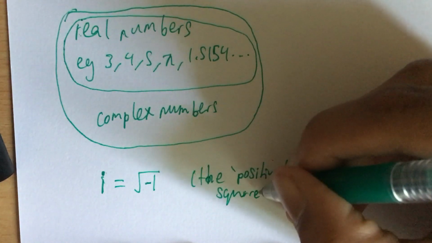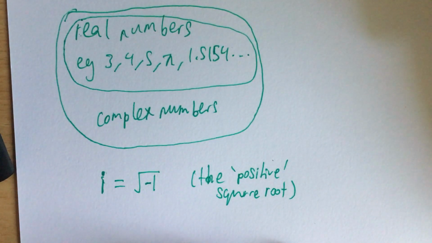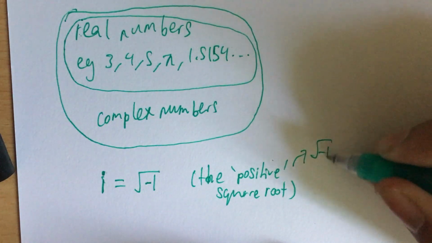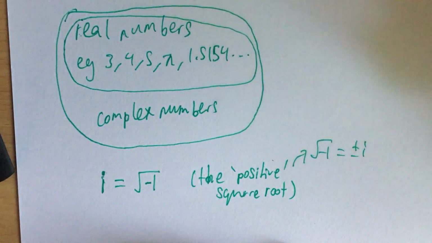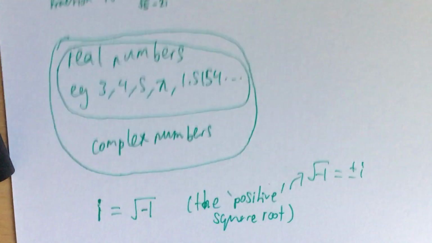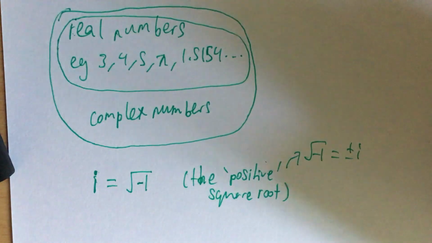But for -1 you don't really have a number that when you times it by itself will give you -1. So they just came up with i to represent the square root of -1. So yeah, that's just how complex numbers came about.